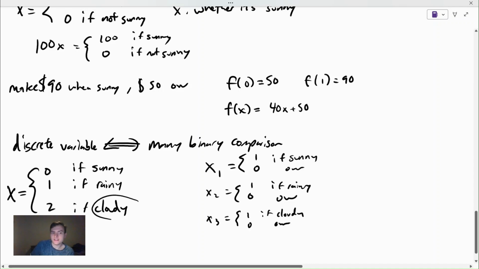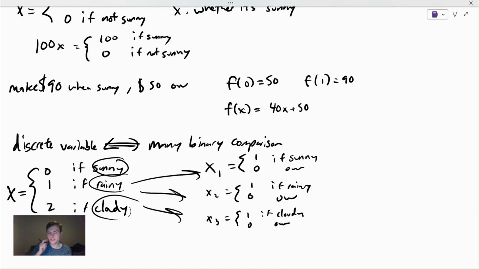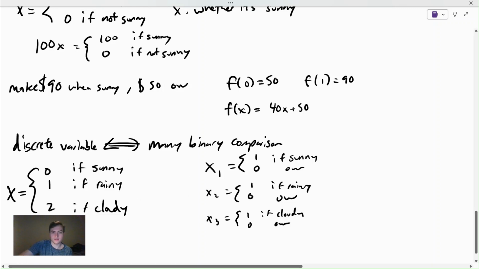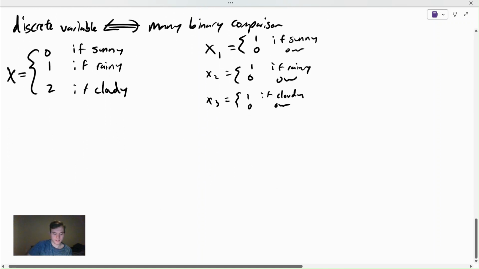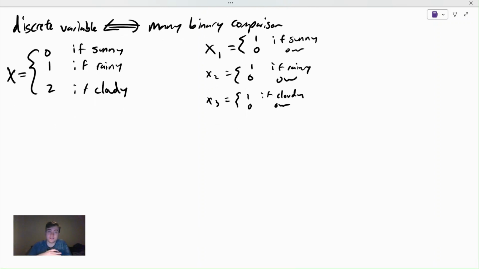So we've taken each of these values and turned them into their own binary variable. That's called one-hot encoding or binary encoding. So yeah, really, binary is a subset of discrete, and discrete can always be converted to binary variables.